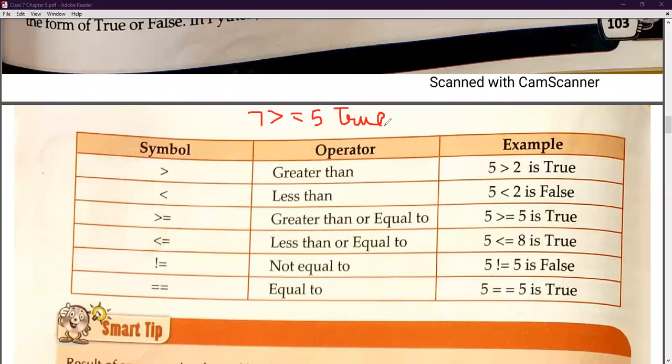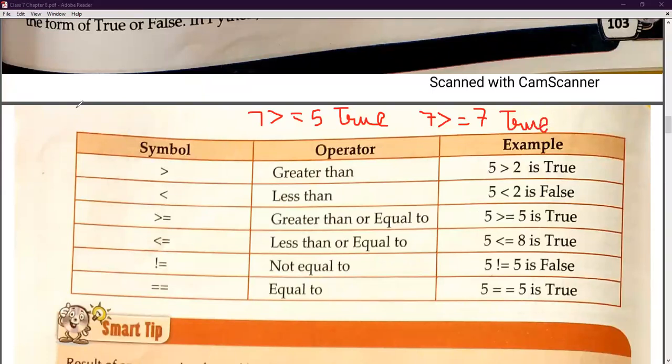Now, if I'm writing here 7 is greater than or equal to 7, then what will be my output? Now I'm checking, is 7 greater than 7? The answer is no. But is 7 equal to 7? Yes. So it will once again return me true. Getting my point, student?